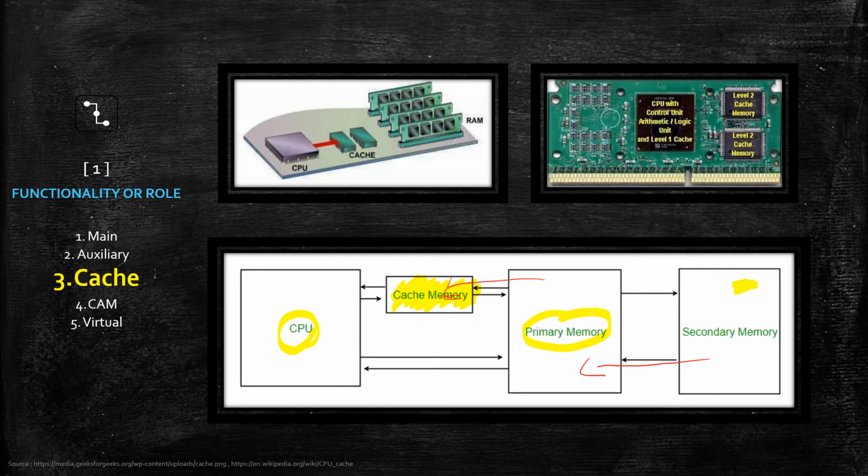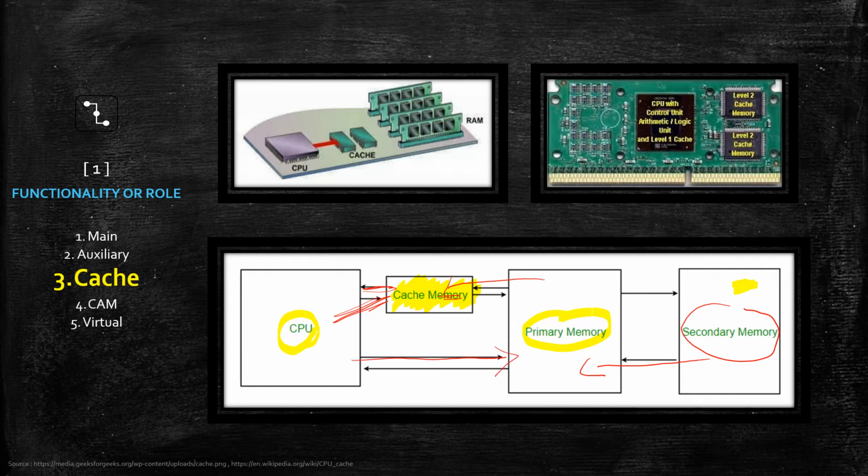Here you can see that the cache memory is directly connected with the CPU. Because there is less distance, of course it is faster. If the question is the speed of accessing the data, you can see from this diagram that the secondary memory is a bit far, so of course the accessing time will be more.